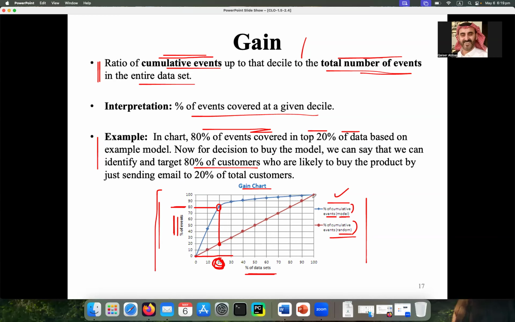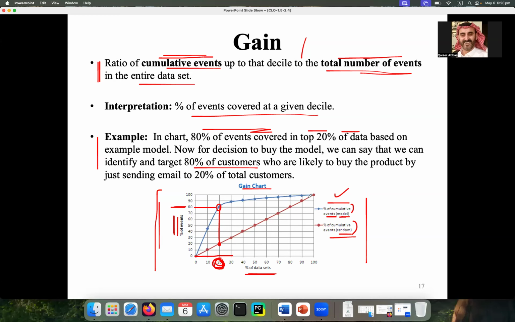This line which is going in the diagonal is random. Random means manual. When you are doing your manual work, that is that trend. When you were selecting the data set randomly, and selecting whether these customers will buy the product or not, also randomly, it was a linear relation.